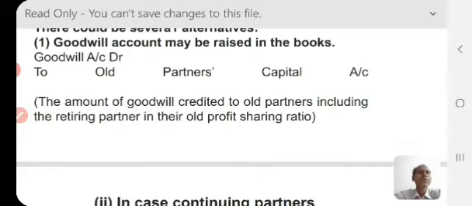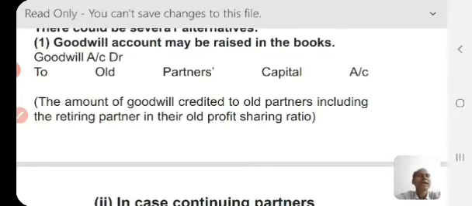In such a case, the journal entry is goodwill account debit to all partners' capital accounts, including the retiring partner.